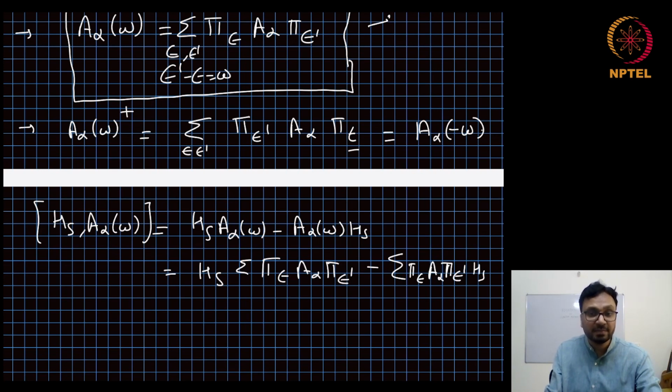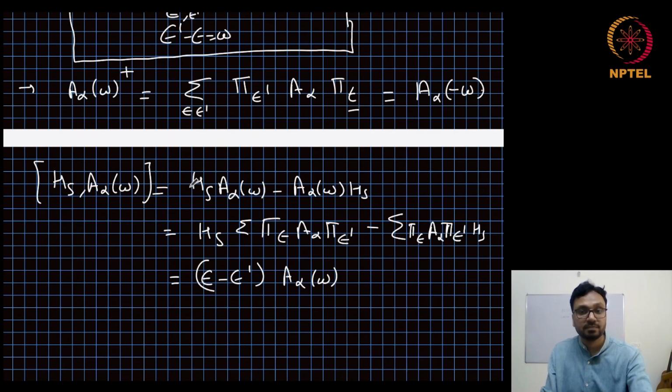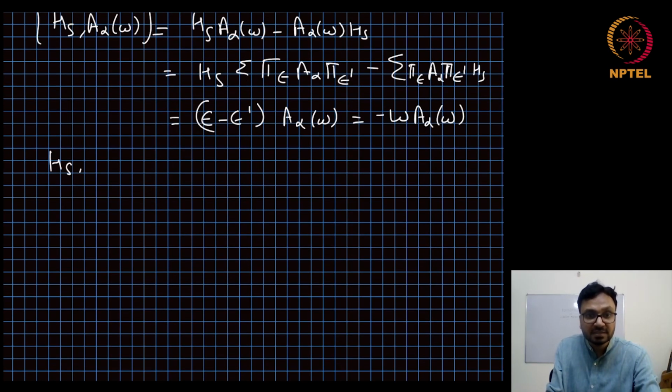HS acting on Pi epsilon will give us epsilon. HS acting on Pi epsilon prime will give us epsilon prime. So we get epsilon minus epsilon prime times A alpha of omega, which is minus omega A alpha of omega. Similarly, the commutator of HS with A alpha dagger of omega will be omega A alpha dagger of omega.